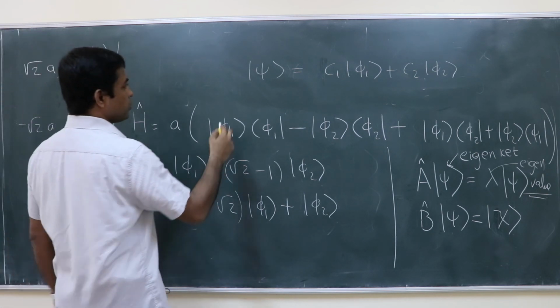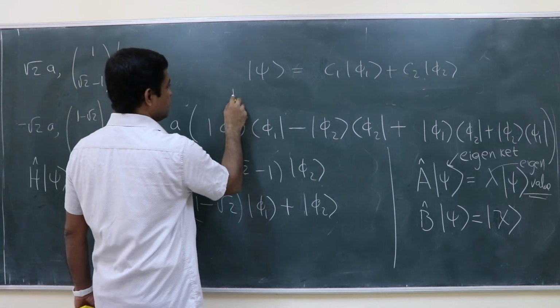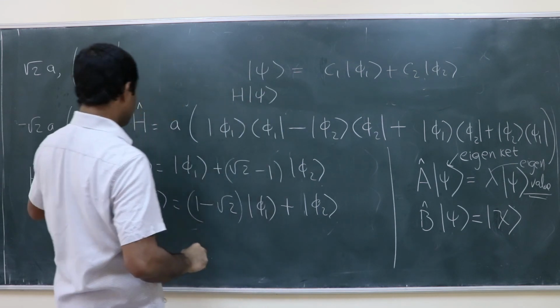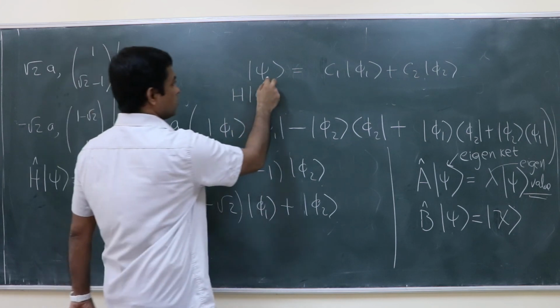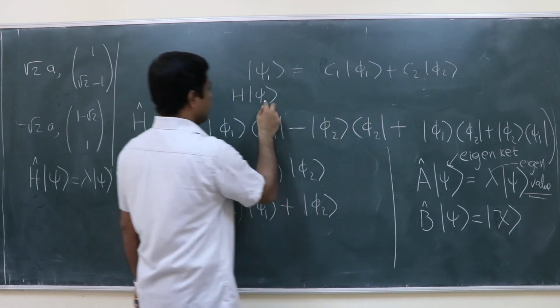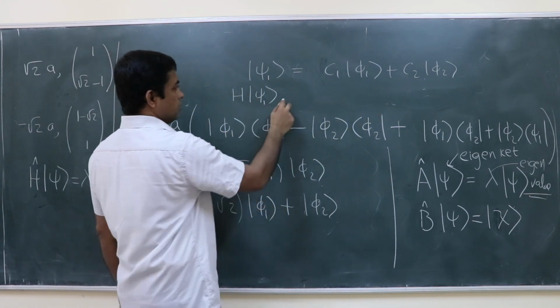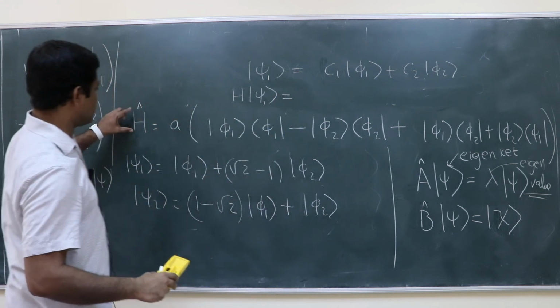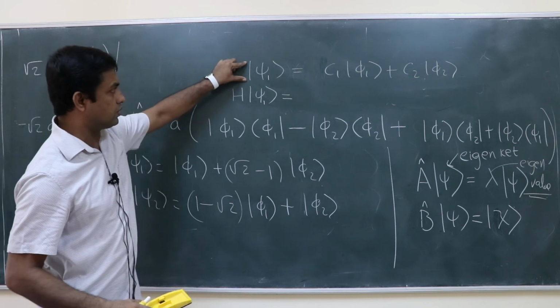Now what I should do is take H acting on ket psi. Because there are two eigenvectors, I write psi 1 is equal to this one, and H acting on psi 1 is equal to what? So I should act this operator on this vector.